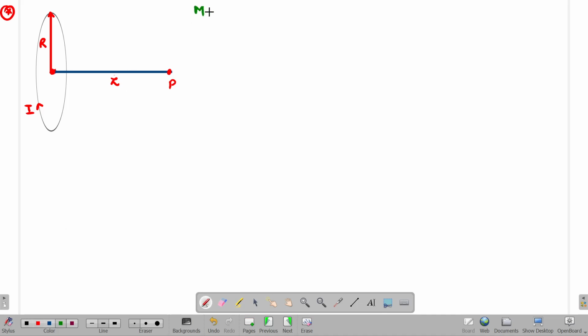So this is the magnetic field on the axis of a circular coil.